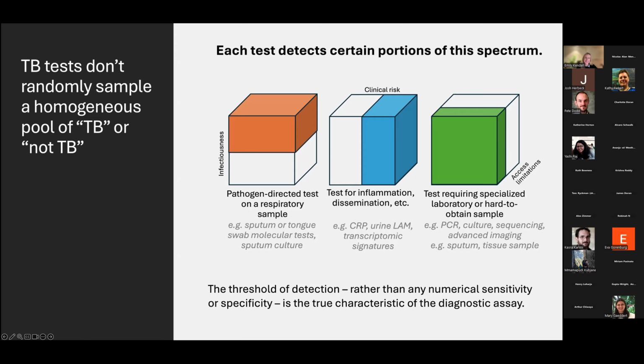Because the TB in different populations may lie in different parts of this disease space cube, it's really the threshold of detection, where is the line between the portion of the disease space that the test detects, the orange or blue or green, versus the portions that it doesn't, that are more of an intrinsic characteristic of the test rather than any numerical estimate of sensitivity or specificity.